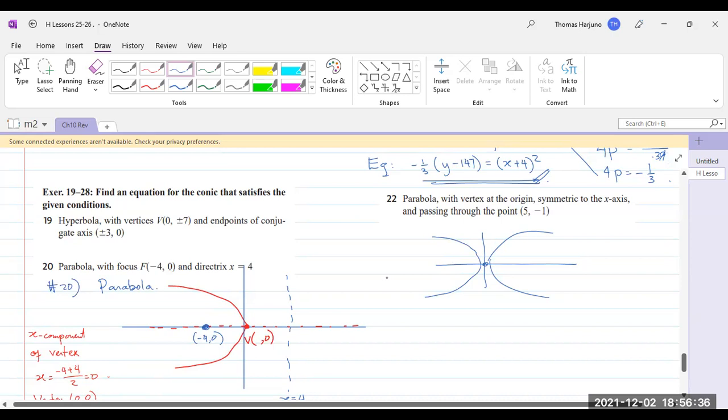It contains the point (5, -1), so it must be the one on the right-hand side. For that one, it must be 4px equals y squared.